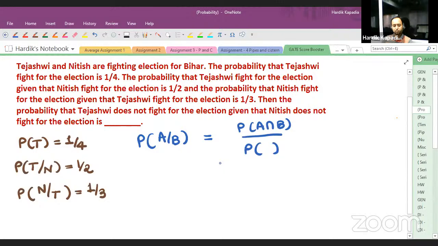What will come in this bracket? A or B? B, B, B. Okay.